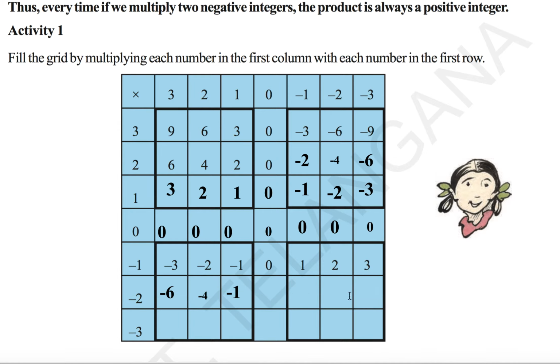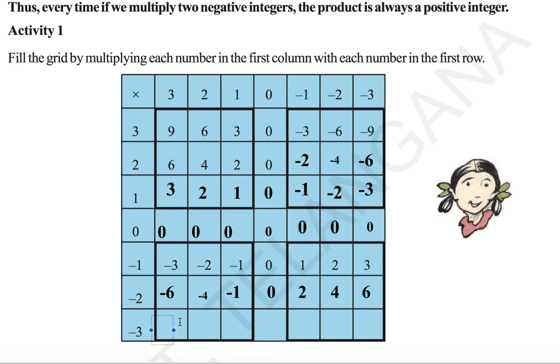-2 into 0 is 0. -2 into -1 is 2. -2 into -2 is 4. -2 into -3 is 6.